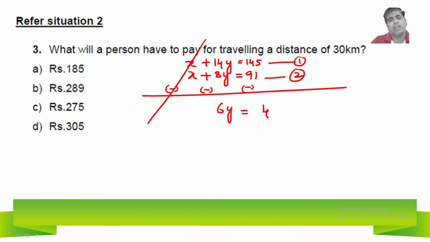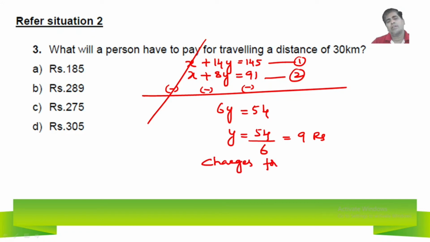So here we are getting 54. So y is equal to 54 by 6. If you divide, you are getting 9 rupees. So what is this 9 rupees here? Basically 9 rupees is the charge per kilometer.